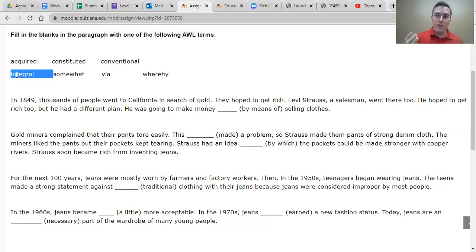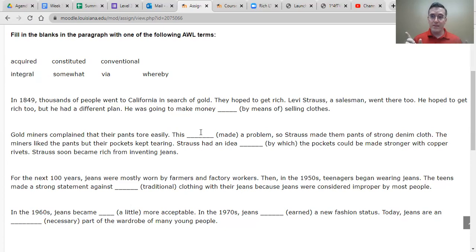So again, knowing your parts of speech, being able to identify nouns, verbs, adjectives, adverbs, looking at the context and knowing that here you need a verb and you need a past tense verb, or looking here and seeing the article un and knowing that you need a word that starts with a vowel sound, right?